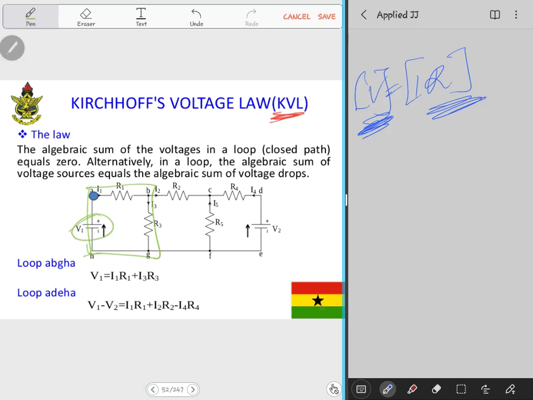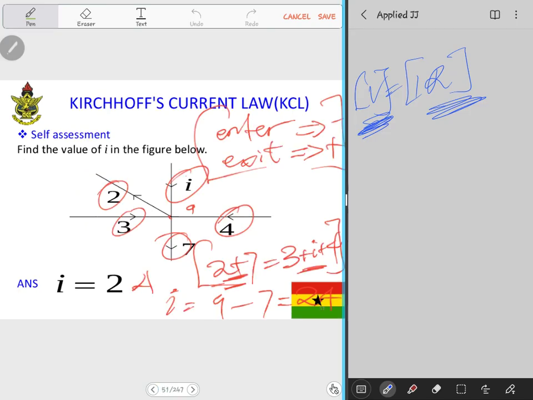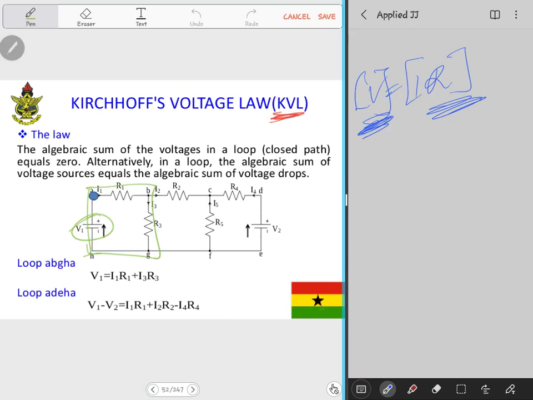1, right? And then again, when we go to the KCL, remember that we're talking about direction. The same thing here: you have to choose your direction and stick to it. The general way is to choose the direction that has been given. If it has not been given, fine, you can choose to move from the positive side of the voltage source to the negative side.